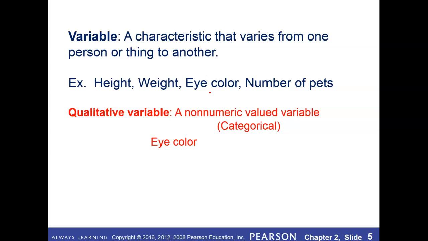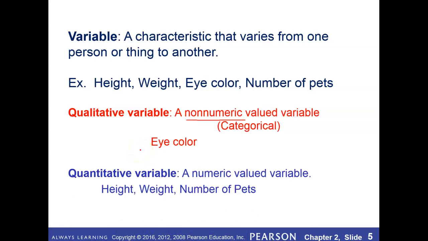There's a category of qualitative variable. A qualitative variable is probably the best way to describe it is a non-numeric value. So for example, somebody's eye color would be qualitative, something that's not a number, okay? So that would be an example of a qualitative variable.